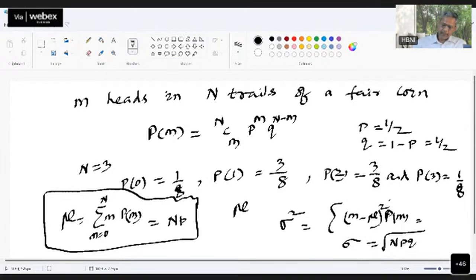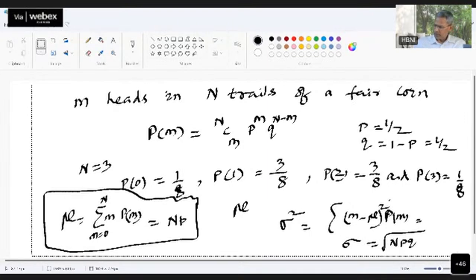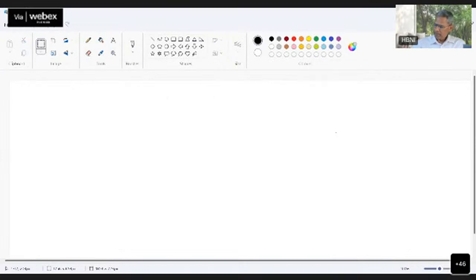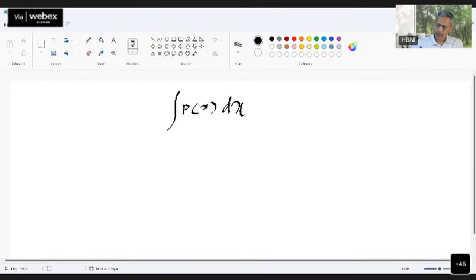This is a discrete probability. But in the limit where your dx goes to 0 or becomes very small, this probability can be written as a density, and the integral over the whole space is equal to 1.